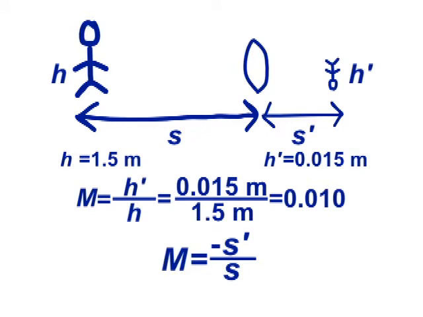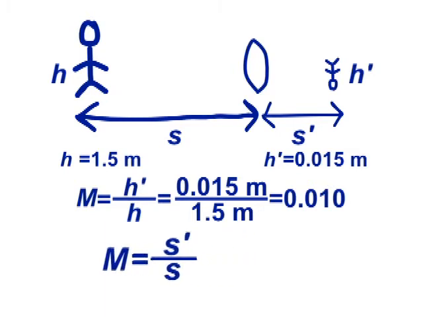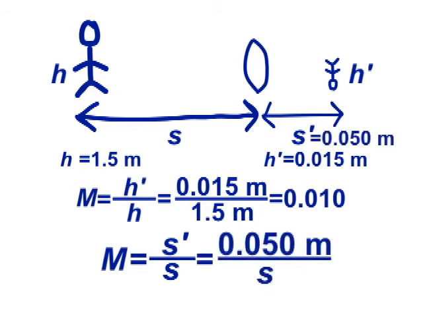And it's a negative sign, but remember the negative sign just tells us that it's inverted. So we're not going to worry about that one so much. Equal to s prime over s. Oh wait, and we are told what s prime is. I said you weren't. Sorry, lied to you there. In the camera, the lens is 50 millimeters from the film. What is that? That's s prime. And so I'm given, this is 50 millimeters, 0.05 meters.